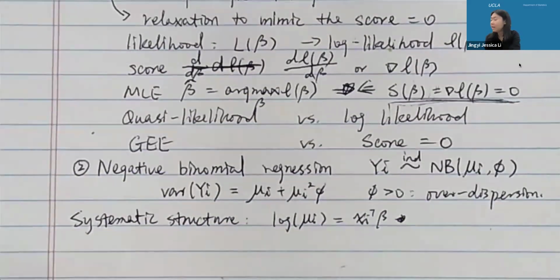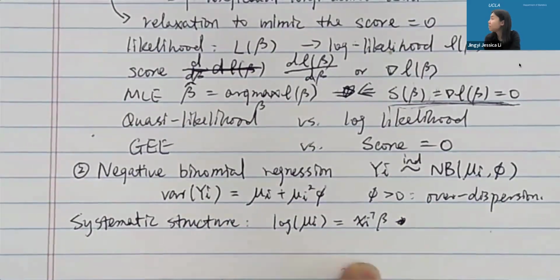So note that in our discussion, there's no randomness in the systematic structure. Everything's fixed. And the reason is that we assume the xi's, the covariates, to be fixed, and we assume the beta coefficients to be fixed.